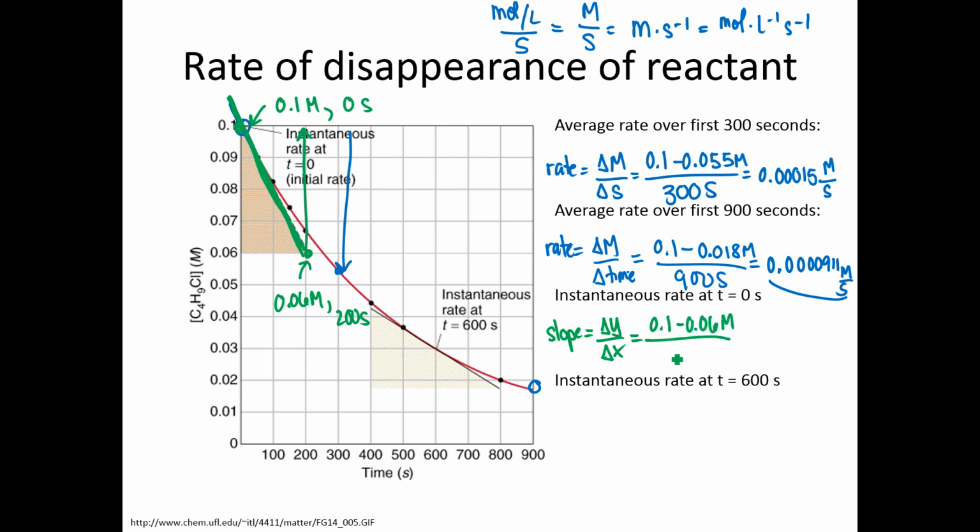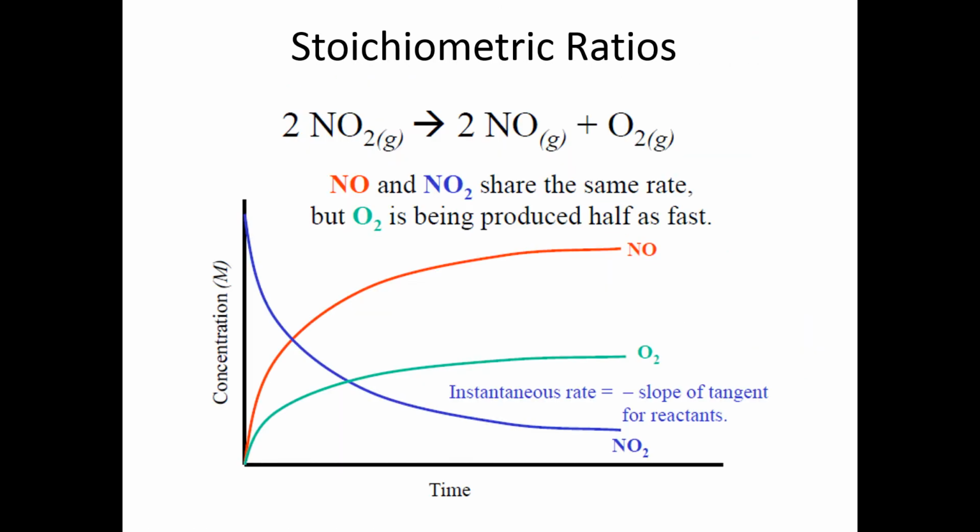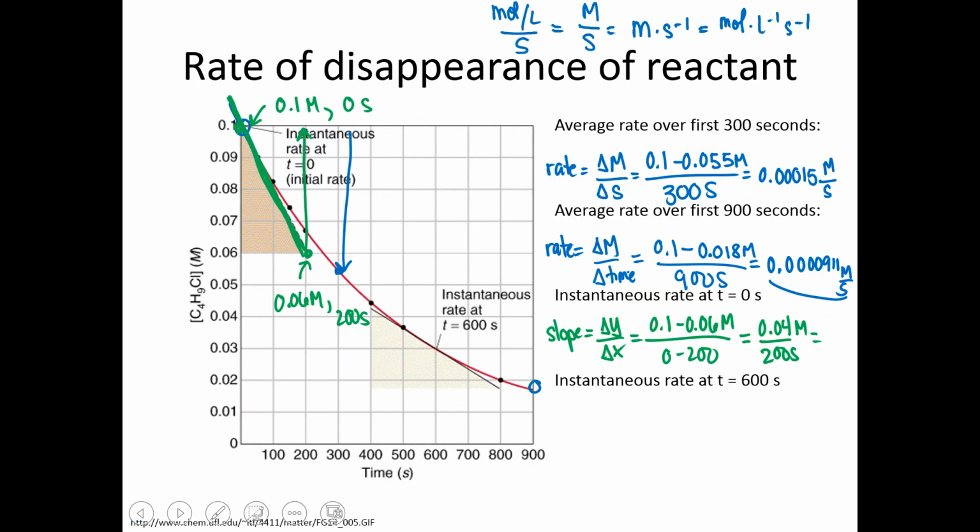And then the change in time is 0 minus 200. And it doesn't matter which order I subtract these in, because remember, the rates will always be positive. So if I did that in the wrong order, that's fine. So let's see, 0.1 minus 0.06 gives you 0.04, divided by 200 seconds, and this is 0.002 molarity per second.